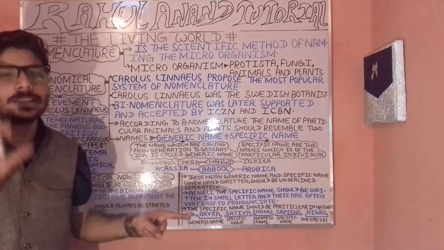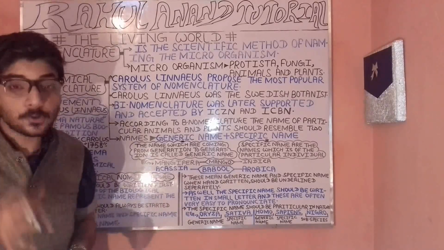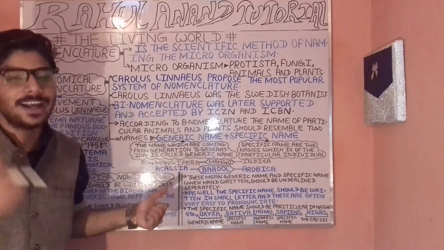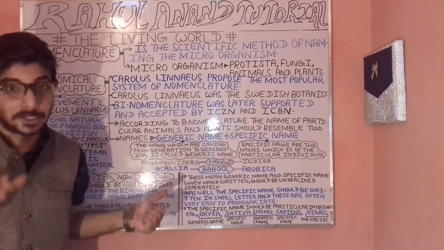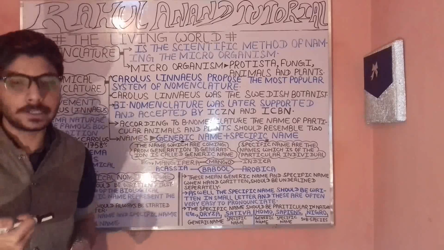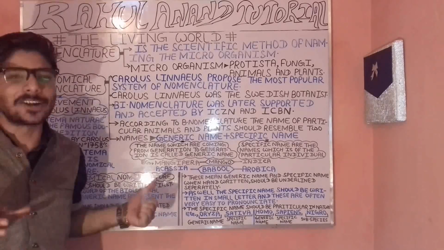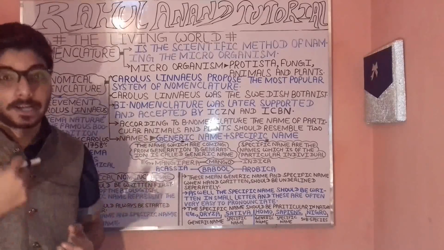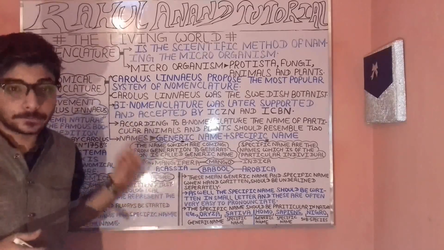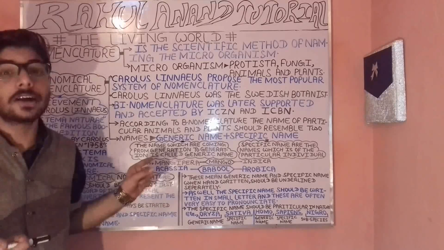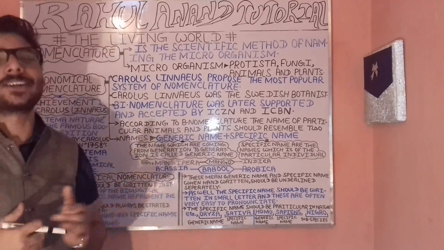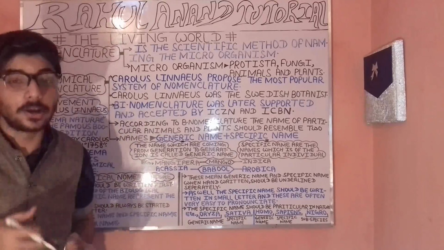These books were proposed around the year 1758. Books of this systematic nature are known as binomial nomenclature nowadays. This is the achievement of Carolus Linnaeus.